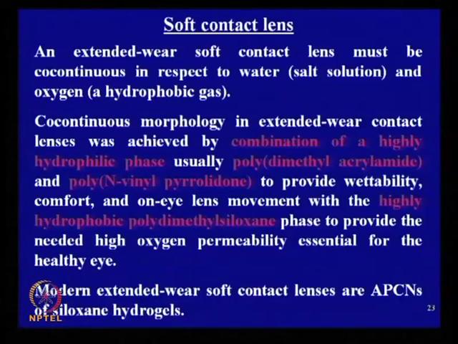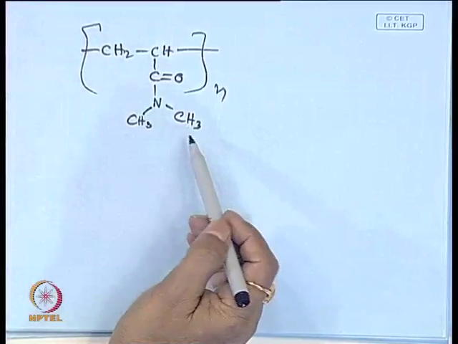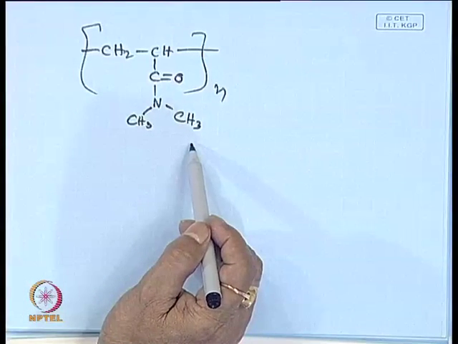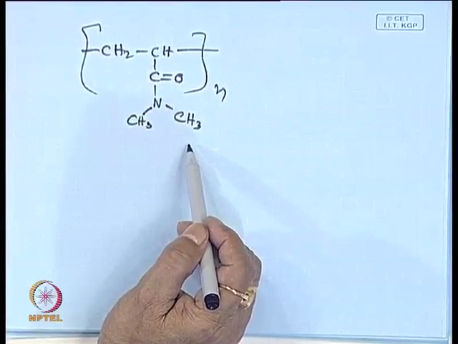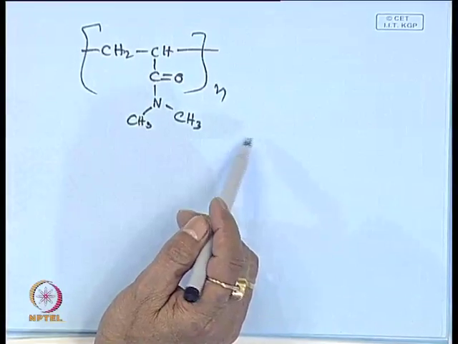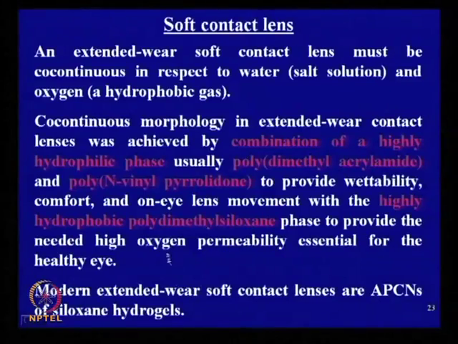So, a network of this polymer with a network of silicon polymer, polydimethyl siloxane phases, provides the needed high oxygen permeability essential for the healthy eye. Modern extended wear soft contact lenses are made of siloxane hydrogels.